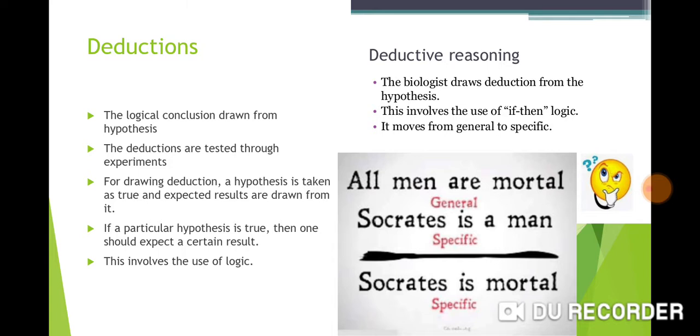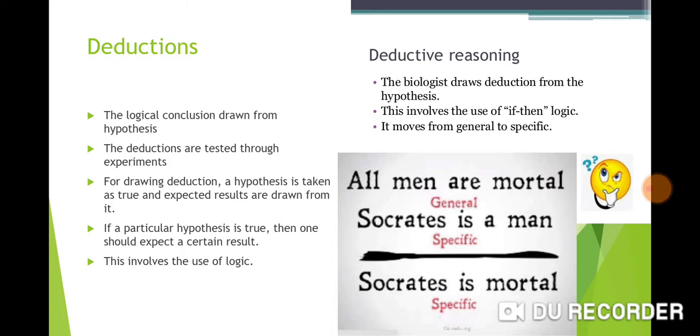For an example, I wanted to share an example. All men are mortal. Mortal means they have to die in the end. That is a general statement. Then Socrates is a man. Socrates is the name of a person. So I know that Socrates is a man. I'm moving from general to specific. Then Socrates is mortal.